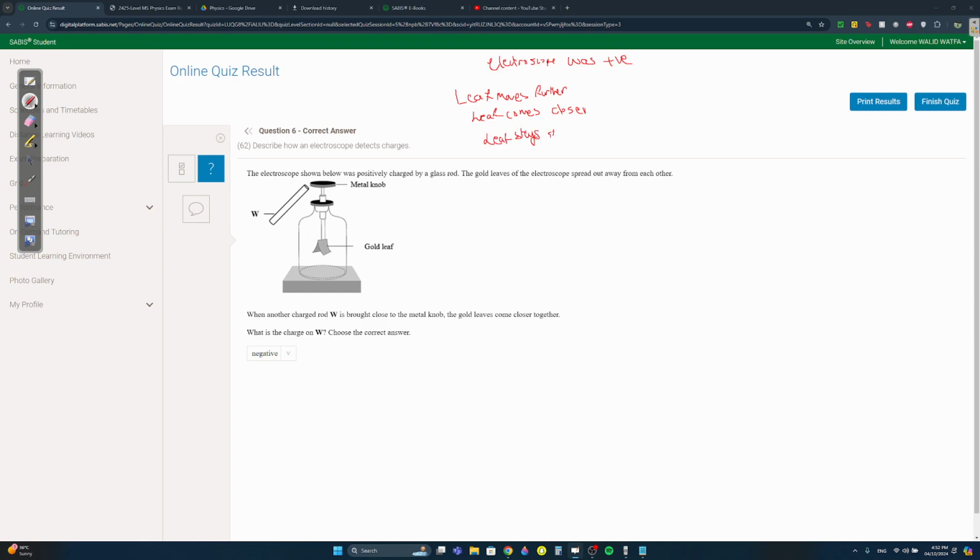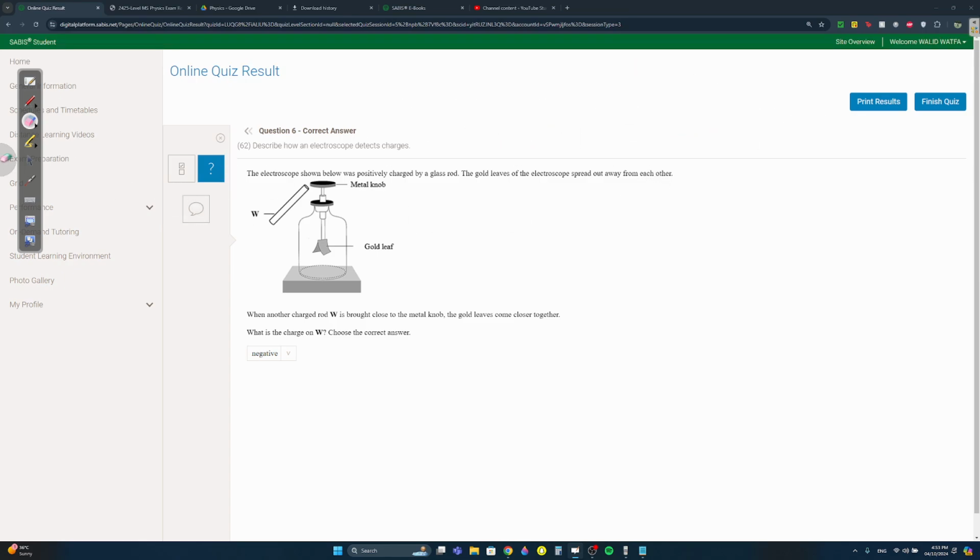And you had to match it to positive, negative, neutral. They're asking about the charge of the object that you put in contact with the gold leaf. If the leaf's moving further, that means it's the same charge as the original, so it's positive. If the leaf is coming closer, that means it's opposite to the charge you had originally, so it's negative. If the leaf stays still, it's definitely neutral, nothing is happening.